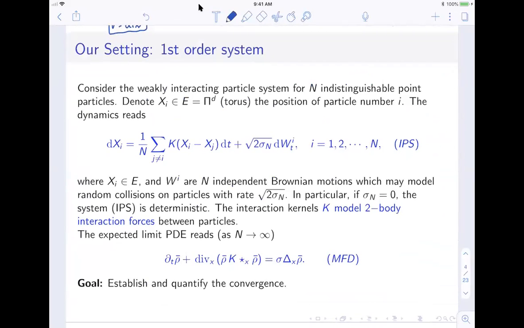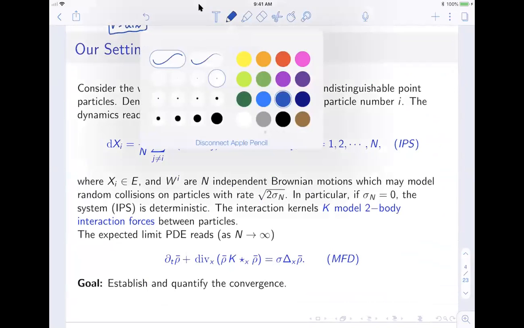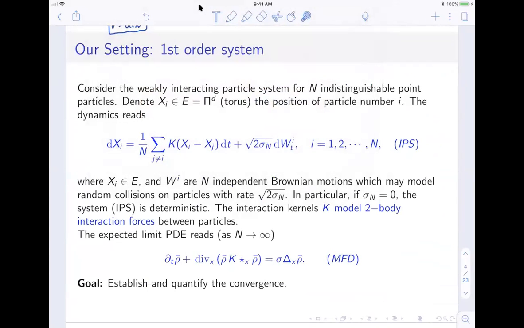So now we consider the interacting particle system. In the following, I will just write IPS, interacting particle system. For simplicity, you can just think of those particles on a torus, but this really doesn't matter. We will do some technical treatment. So this is our particle system.